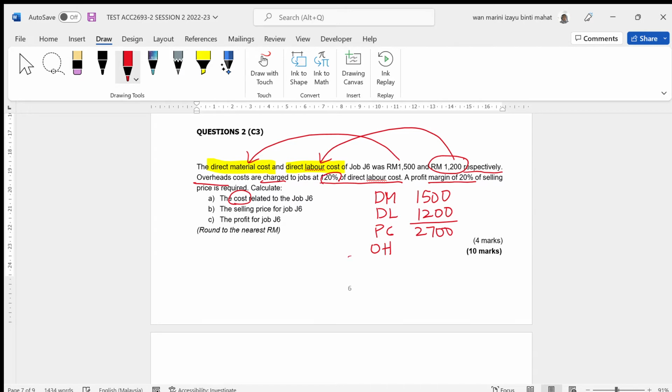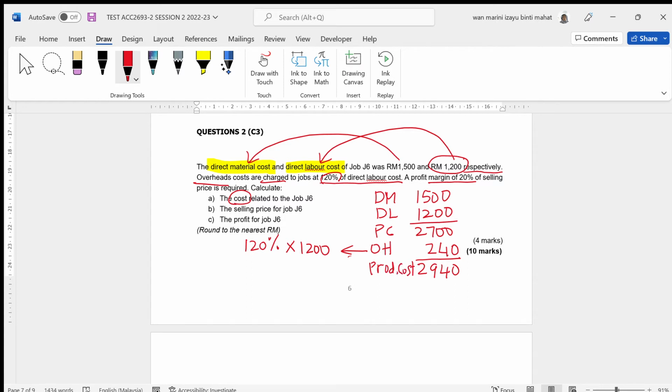So meaning that 120% of 1002. So basically you can determine how much is the overhead. If I'm not mistaken, it is 240 maybe. Okay, 240. And then we add this up, it becomes 2940. This is our production cost.